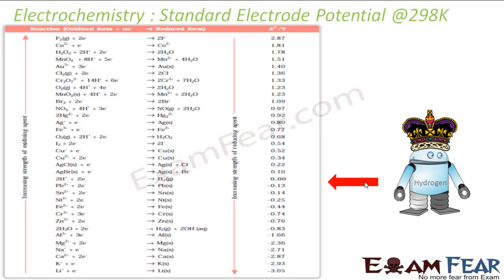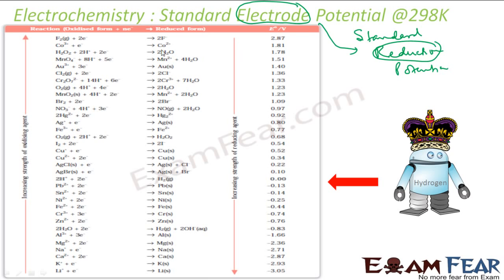Correct? So if you see the standard electrode potential at 298 K, it is given for most of the reactions, and please note the standard electrode potential is nothing but standard reduction potential. Electrode potential is nothing but reduction potential as per IUPAC. If you see Br from 0 to minus 1, there is a reduction happening.